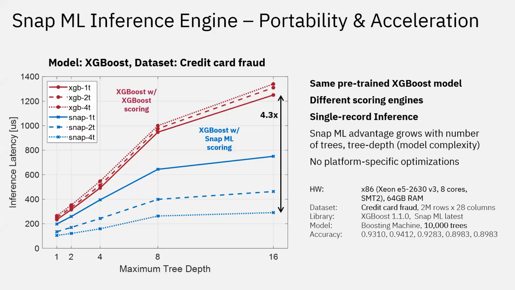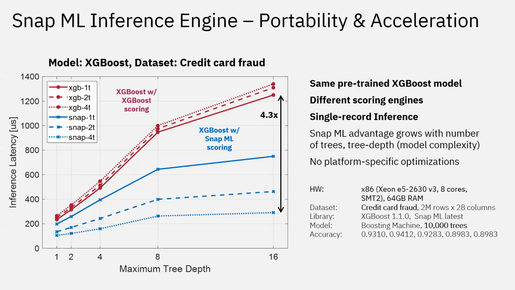So the goal with inference acceleration is, of course, primarily to accelerate inference, but we also want to do it in a portable way. What we mean by that is if a customer or user has a model which they've pre-trained in XGBoost or LightGBM or maybe another boosting framework, we want to be able to accelerate the inference of that model within SnapML seamlessly.